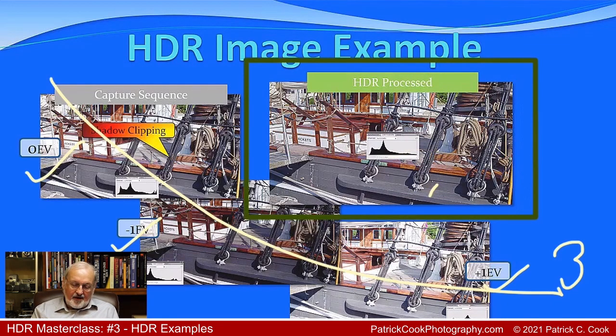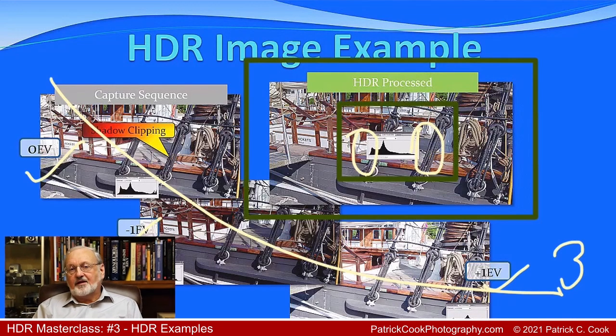As a matter of fact, if you take a look at this histogram right there, you'll see, and I'm going to talk about histogram, a very important aspect of understanding what your camera is seeing in terms of light levels. I'm not having any clipping on the highlight side, and I'm not having any clipping on the shadow side. And that is ideally where we want to be with our images.